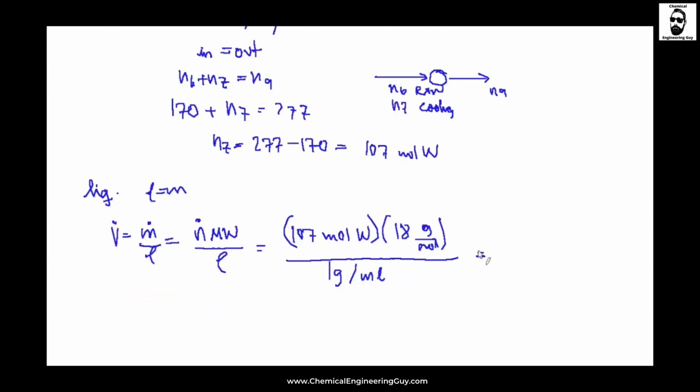Let me do this. We got 1926. Moles go out with moles, grams with grams, and I got milliliters. But I don't want milliliters, I want cubic meters. So just divide that into liters, and liters will be 1.9.